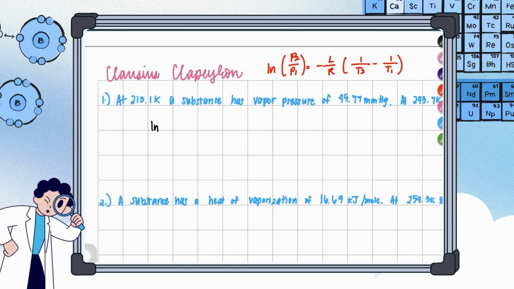We have ln of 193.1 over 45.77 equals negative L, which is the heat of vaporization, and then the R constant times 1/T1, which is 243.7, minus 1/T2, which is 213.1.